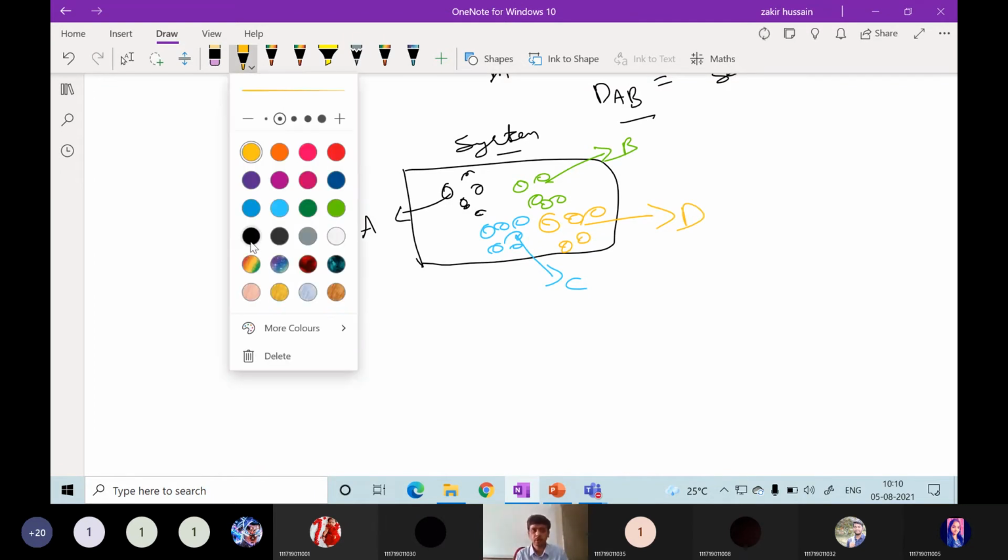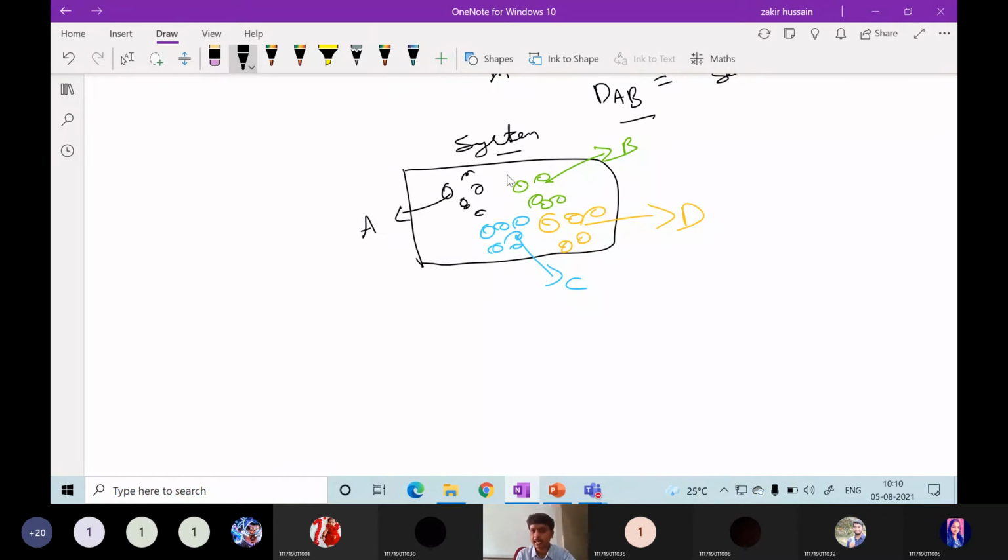If you want to calculate the flux of the black molecules, denoted by A, how do you write Fick's first law of diffusion? J_A is equal to minus D_AB dou C_A by dou X, or dou Y or dou Z.